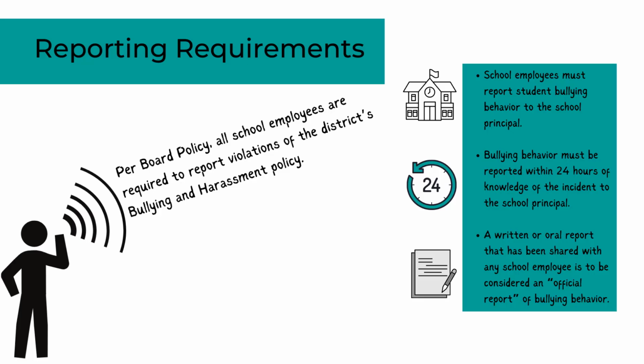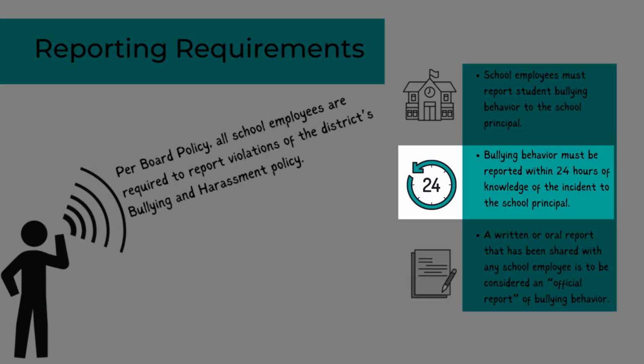In addition to personally notifying the school principal of what the parent has reported to you, next, bullying behavior must be reported within 24 hours of knowledge of the incident. So, taken together, bullying behavior must be reported to the school principal within 24 hours of becoming aware of the bullying behavior.